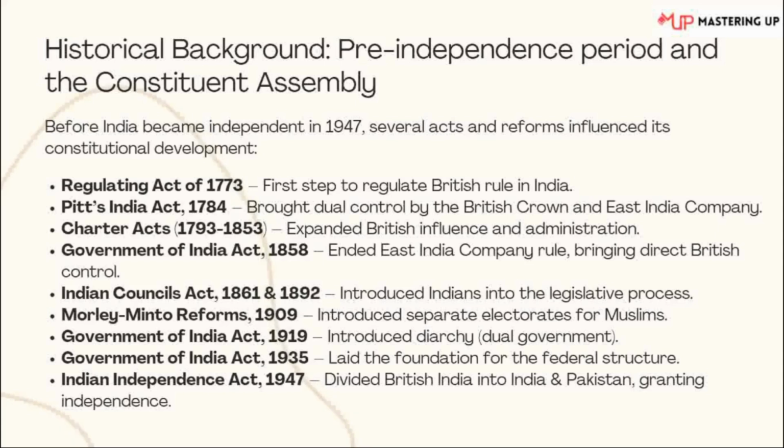Government of India Act 1935 laid the foundation for the federal structure, dividing powers between the center and the states, regarded as a reference for the Indian Constitution. And the last one, Indian Independence Act 1947, divided British India into India and Pakistan, granting independence.